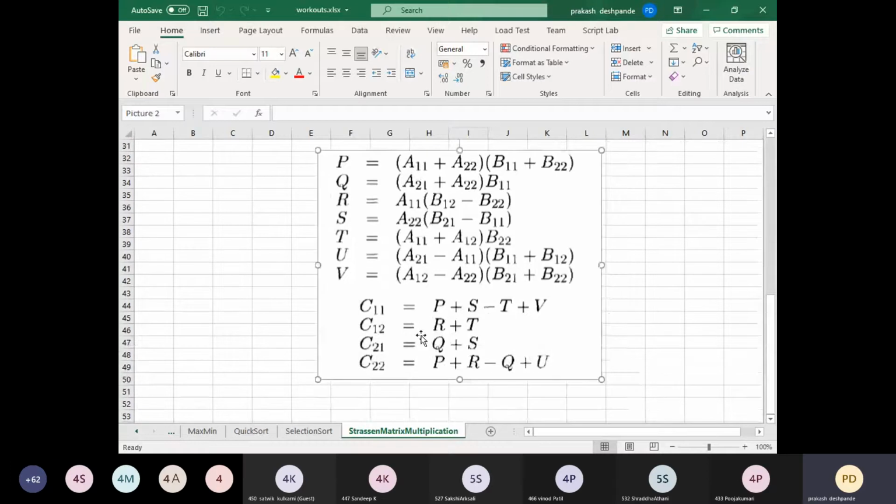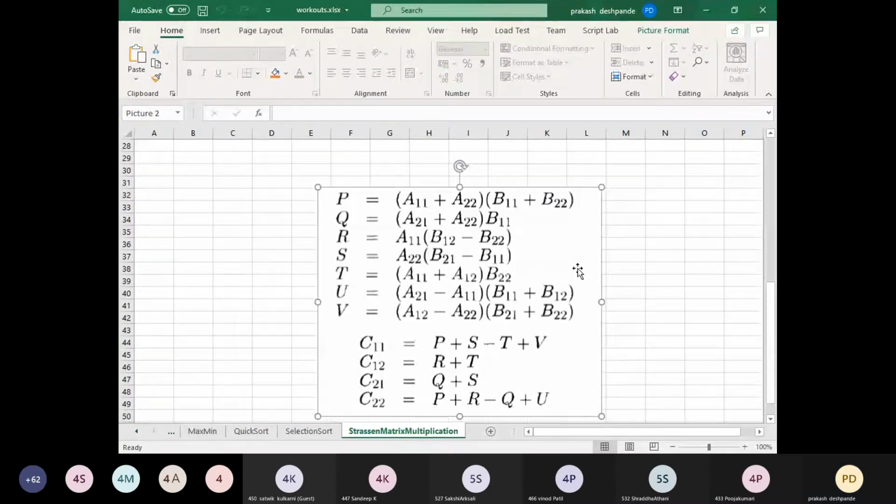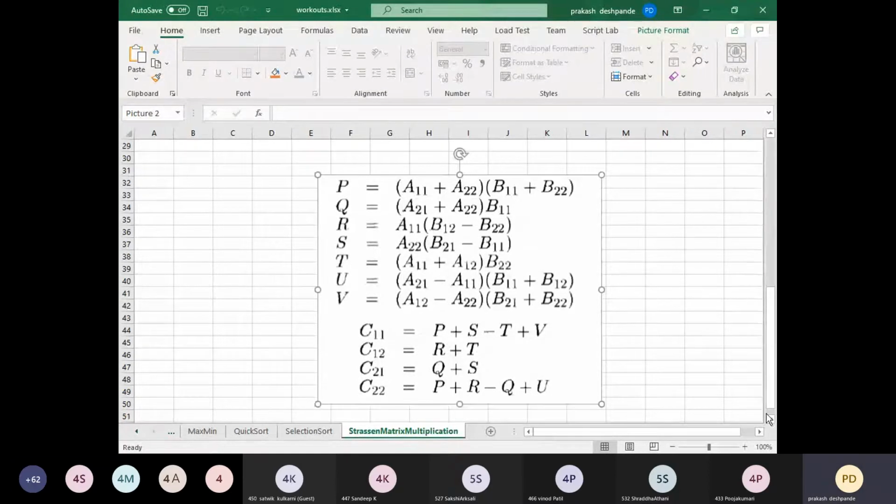Now, these are the formulas which Strassen has given. If we make use of this, we can easily calculate the resultant matrix, the multiplication of 2 matrices of 2 cross 2 order.